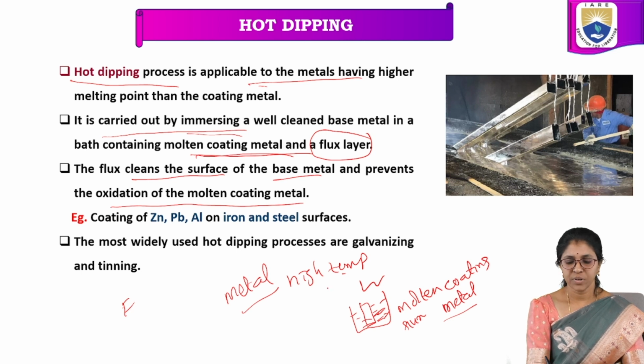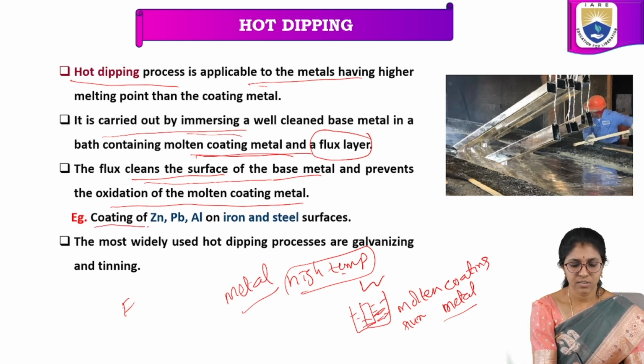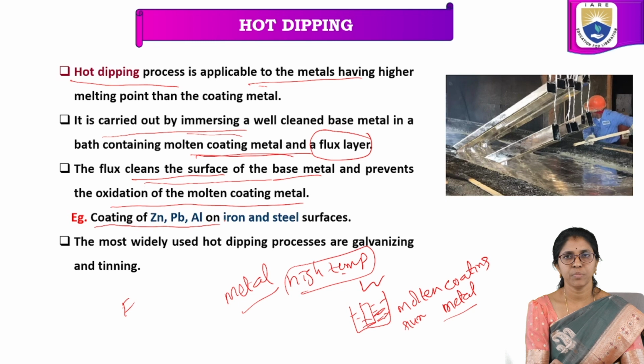So to prevent the oxidation of this molten metal, we are using flux material in hot dipping. It cleans the surface of the base metal as well as prevents oxidation of molten coating metal. Examples of this process are coating of zinc, lead, aluminium on iron and steel surfaces.